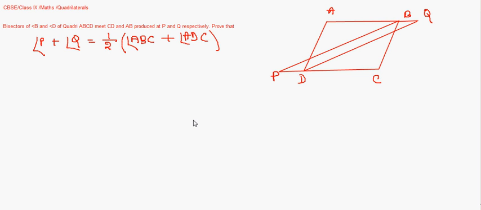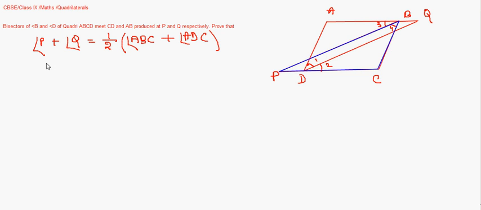To do so, let me just mark these angles. This one will be one angle, this is one angle. Here this one was also bisected. So I'll mark them as 1, 2, 3 and 4. Now in this triangle, which is PBC, I'm highlighting it by drawing it in another color.